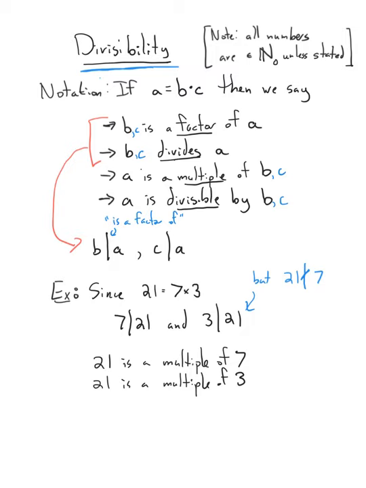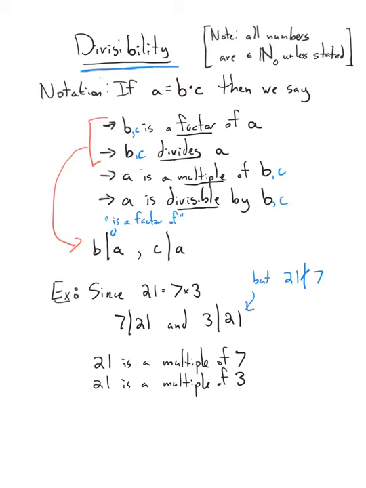And kind of the opposite language, if we're talking about factors, we can also talk about multiples. If a equals b times c, we can say that a is a multiple of b, and it's also a multiple of c. Or in divisibility language, a is divisible by b, or divisible by c.